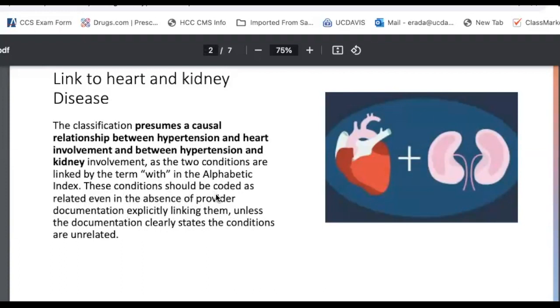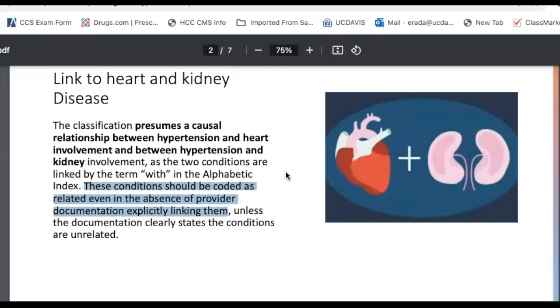Okay, so I'd like you guys to highlight that in your book, saying that these conditions should be coded as related even in the absence of provider documentation explicitly linking them. So what does that mean?